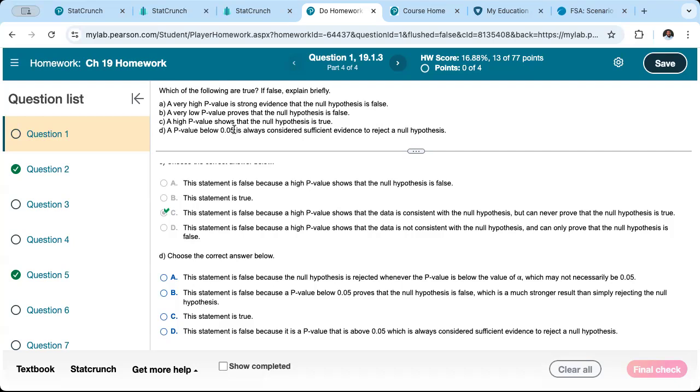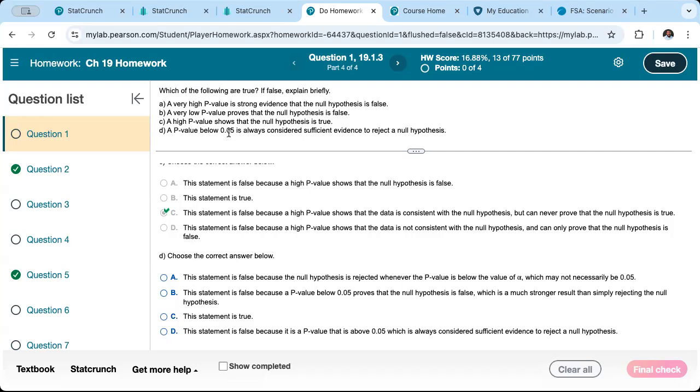How about if alpha is 0.01? If alpha is 0.01 and the p-value is say 0.03, it means that we cannot reject the null hypothesis. Is that okay? So the problem with D is using always for 0.05. If you want to use always, the p-value has to be below alpha.